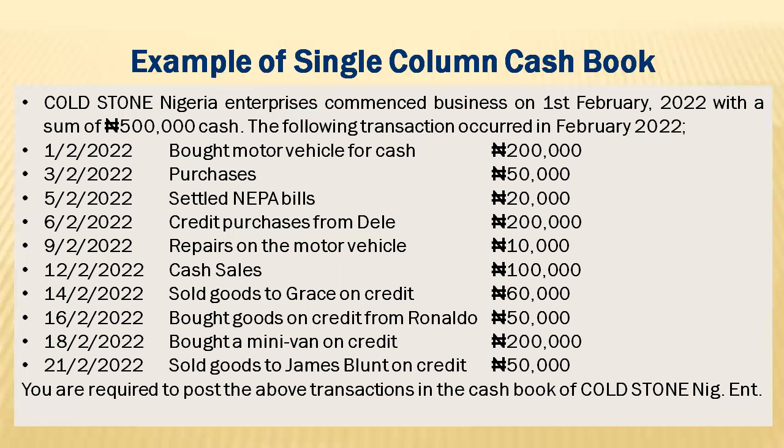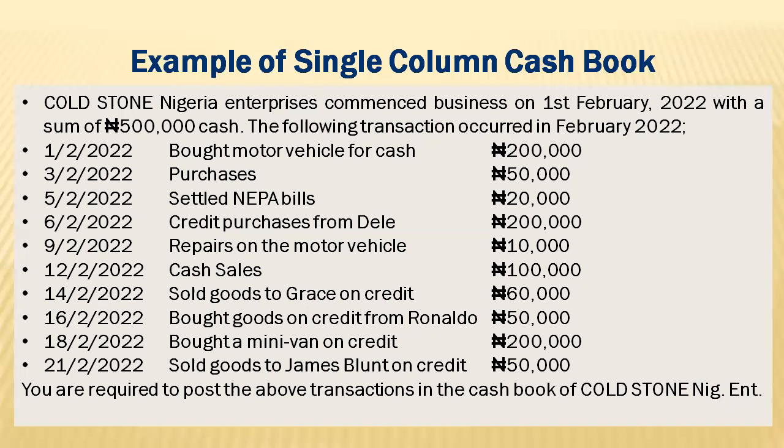But because credit purchases do not come into the cash book, we are not going to record it in our cash book. What we are supposed to do is to create a purchases day book.